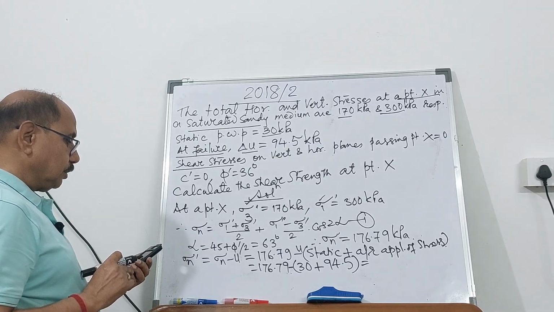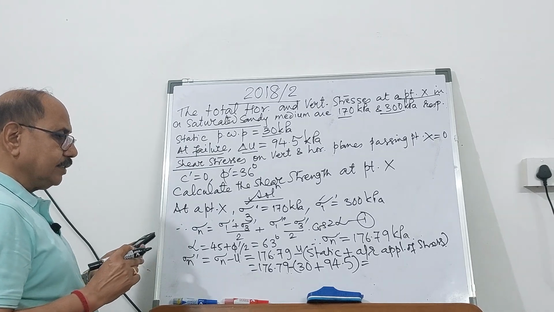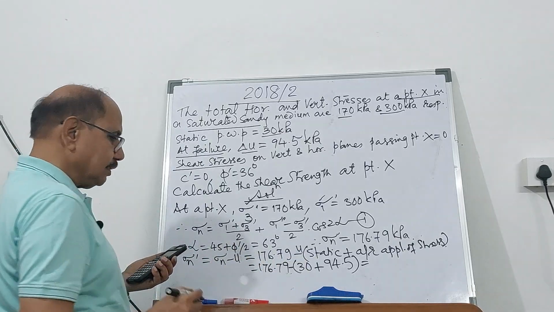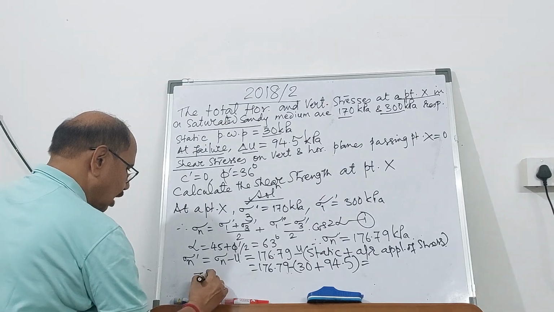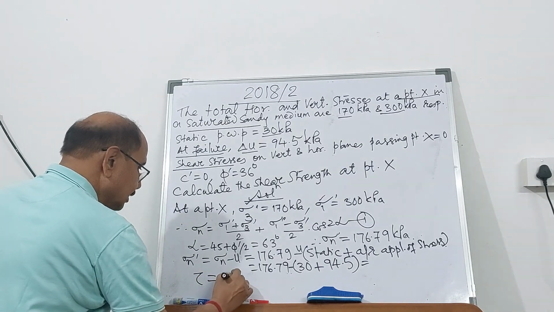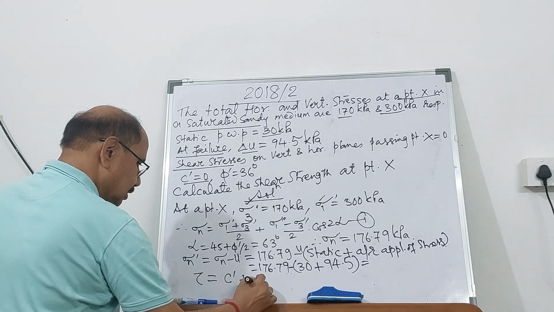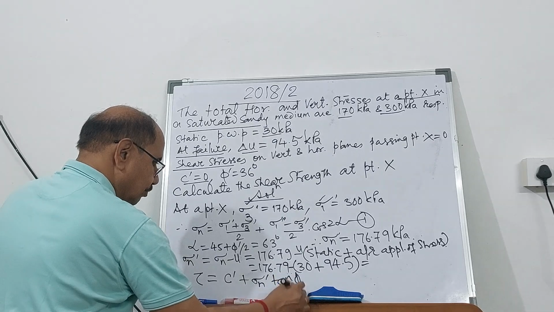So the value of sigma n prime can be calculated very easily by simplifying this term. And therefore, the value of tau is going to be C prime, which is 0 here, plus sigma n prime into tan phi prime.